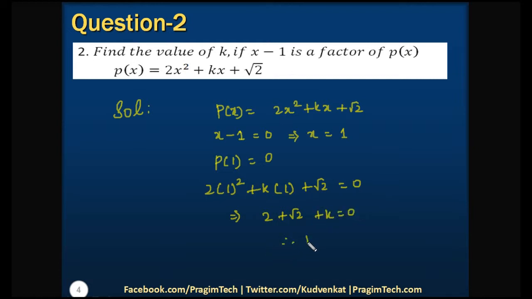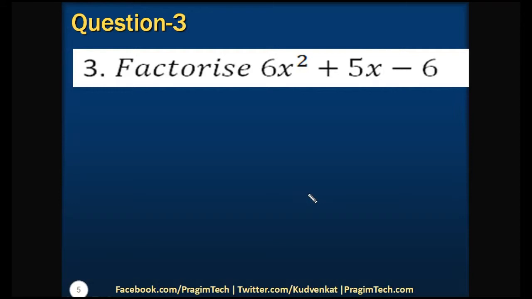Therefore, k is equal to minus 2 minus root 2. So, as it is given x minus 1 is a factor, we are finding out the k value by equating the polynomial value to 0. Right? By using factor theorem, we can factorize a quadratic or a cubic polynomial.